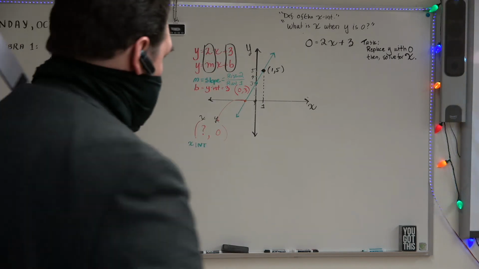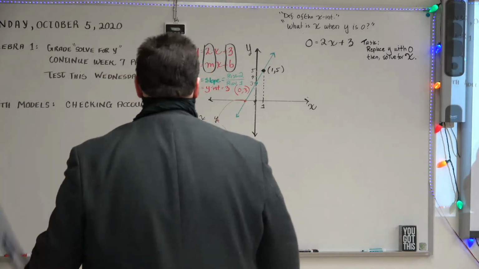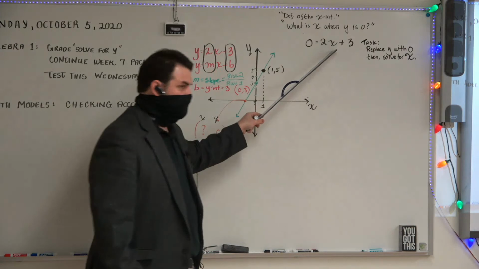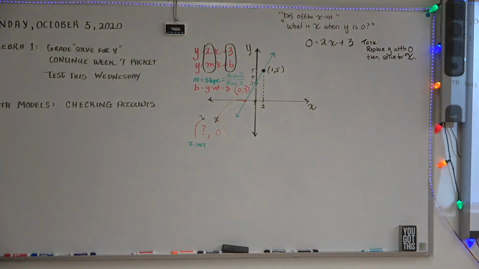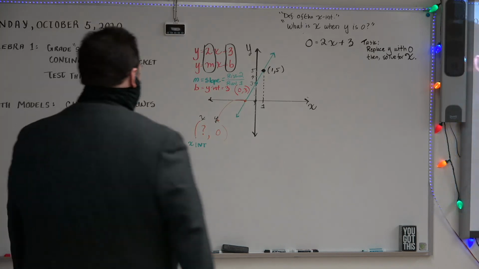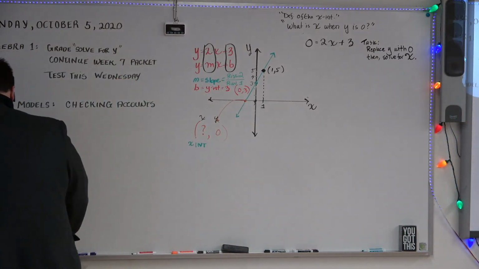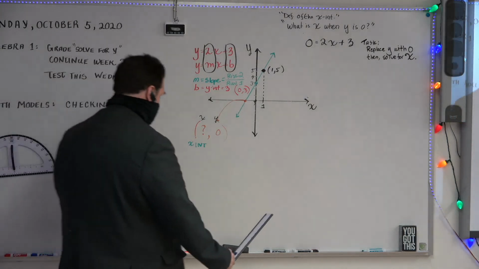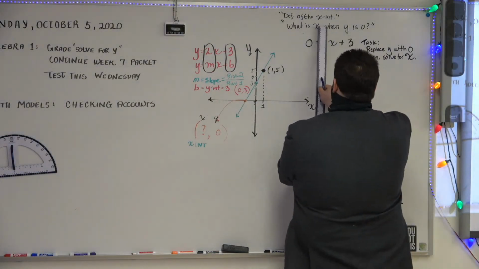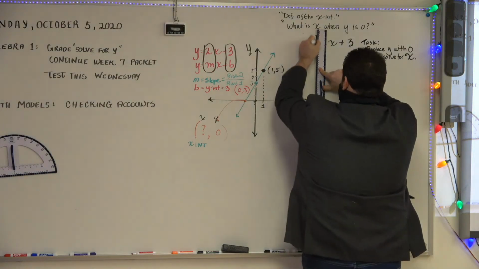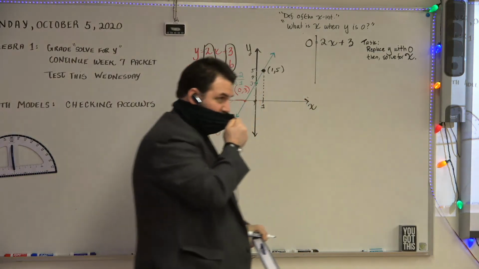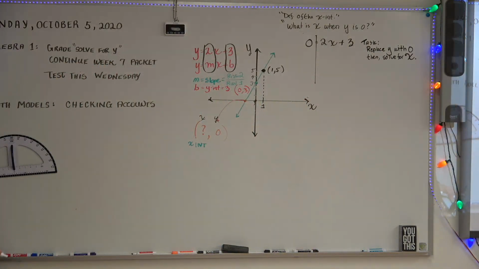Do it. I want x by itself. Don't forget your algebra. Your first step is to draw a line, just like that. Okay? You can do this.